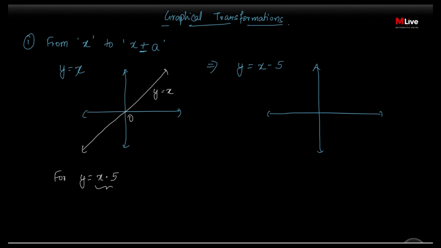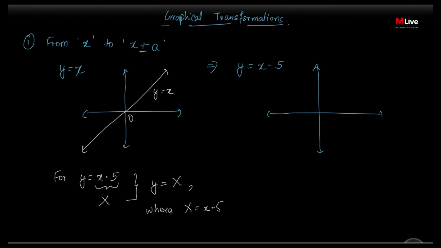Now, for y is equal to x minus 5, the whole entity of x minus 5 can be considered as capital X. So if you see, this is again of the form y equal to x. However, where does capital X shift its origin to? Capital X here is x minus 5.